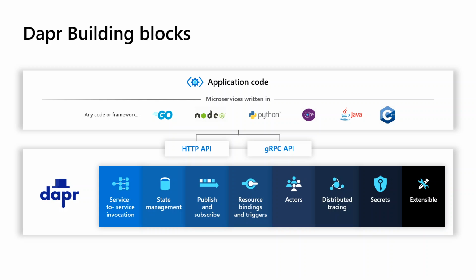In the example I'm going to show you, we're going to use the HTTP API because everybody basically knows how HTTP works, or most of you will know. And of course, because Dapr is used from those two types of APIs, you can use any piece of code or any framework that is able to, for example, talk HTTP to a remote service, which is basically anything.